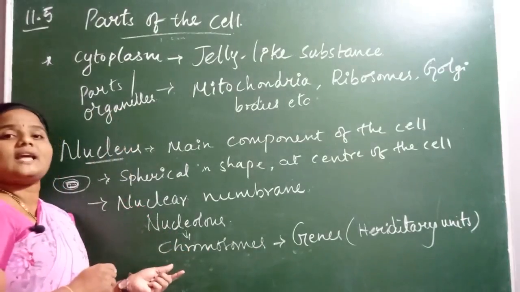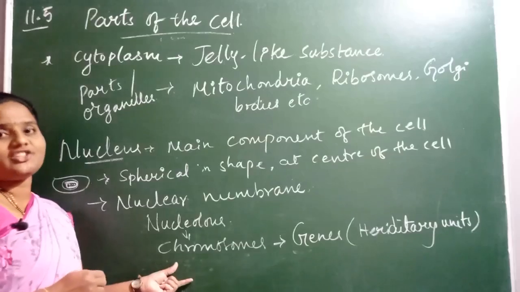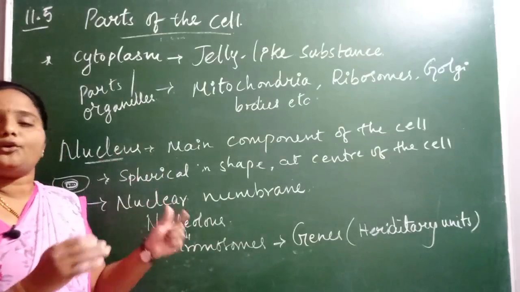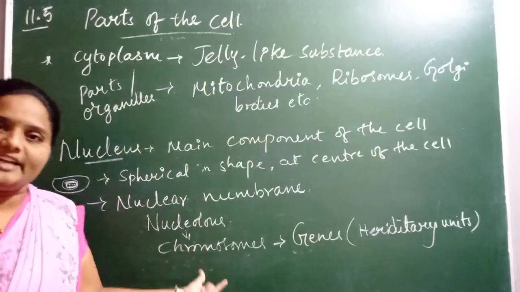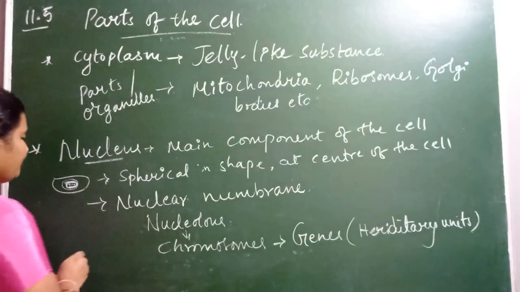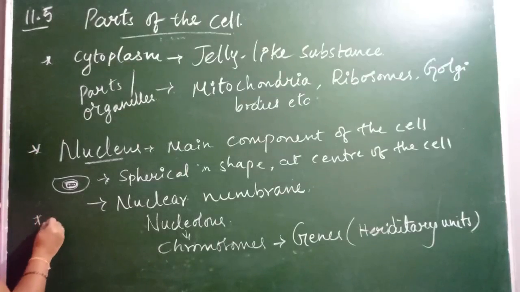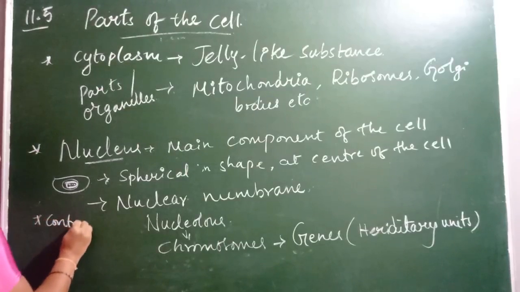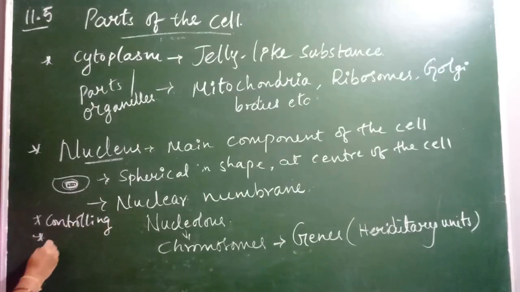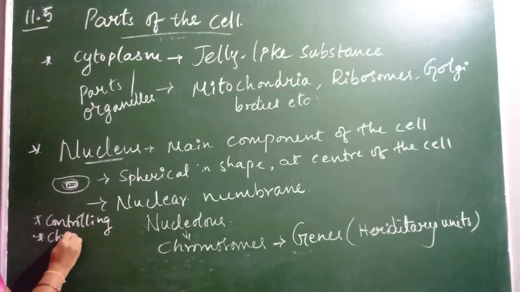And the nucleus is also helpful in controlling all the activities of the cell. So the main two functions we can write, children. The first one is controlling. The second is containing chromosomes.